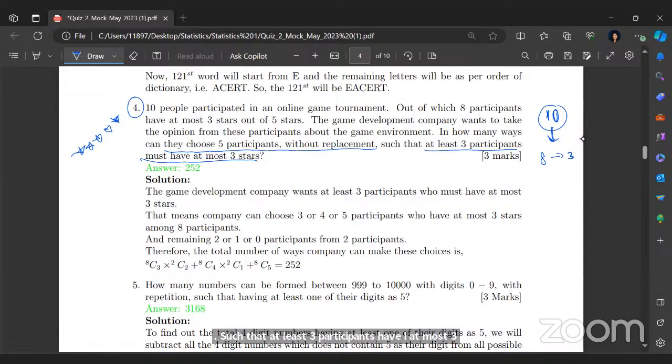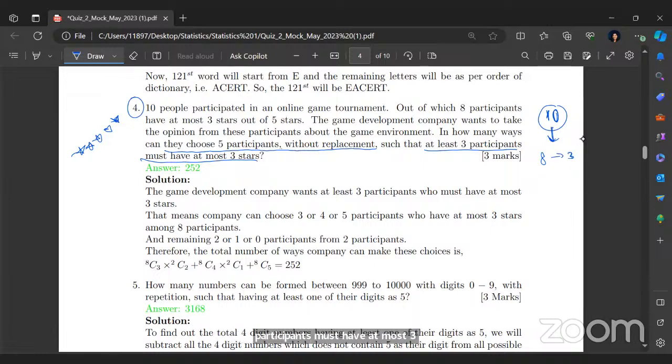First of all, what is the company interested in? The company is interested in selecting 5 people without replacement such that at least 3 participants must have at most 3 stars.